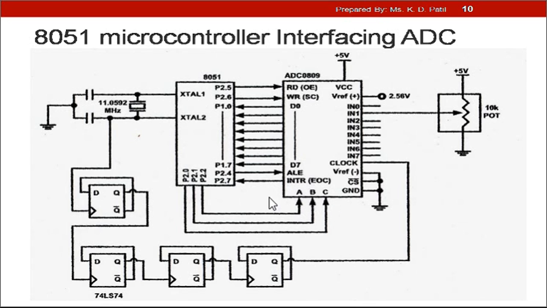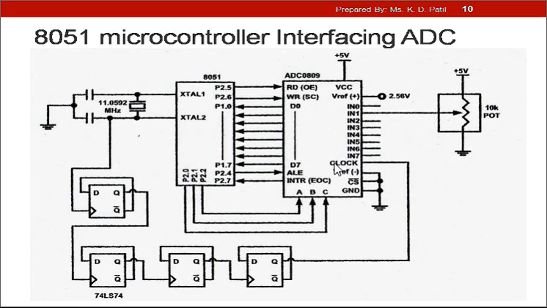Then P2.4 and P2.7 are interfaced with the address latch enable pin and INTR, that is the end of conversion pin of ADC. And finally P2.5 and P2.6 pins of the 8051 microcontroller are interfaced with the output enable and start of conversion pins of ADC 0808.